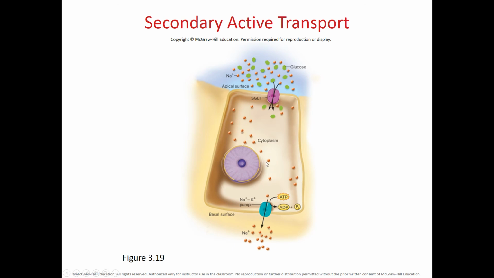But this sodium cannot be highly concentrated inside the cells. It has to be moved out, and that's how you use the sodium-potassium pump at the basal side. As you move sodium out, you bring potassium in, and you use ATP because this is the sodium-potassium ATPase.